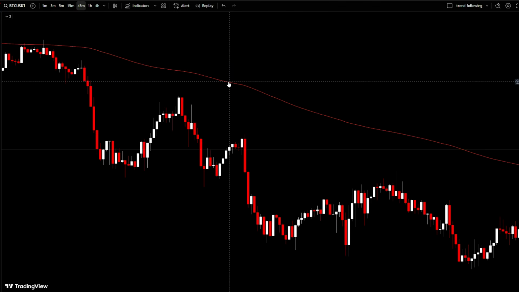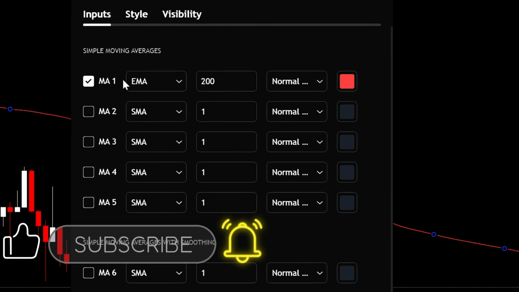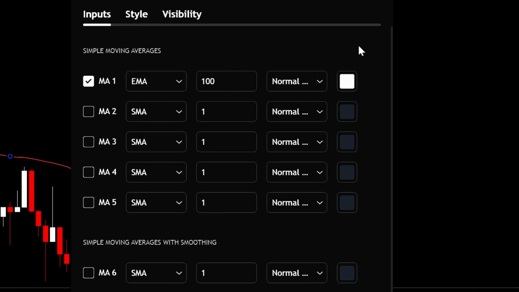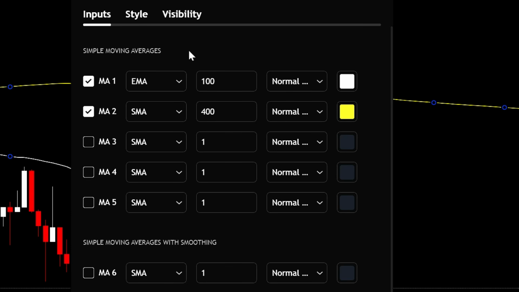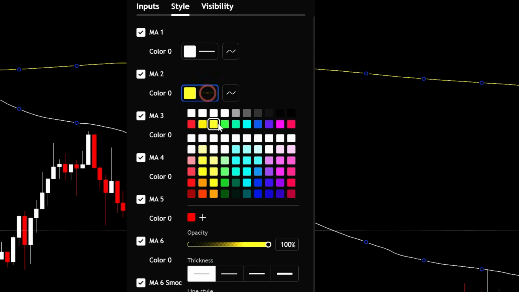In the inputs, I change the first moving average to 100 EMA. Set the color to white. Then I enable the second moving average and change it to 400 SMA. You can change its color, and you can make them a little thicker in the style tab to be more visible on the chart.